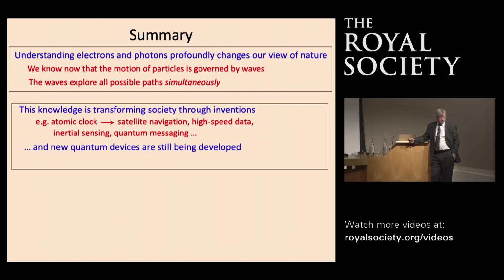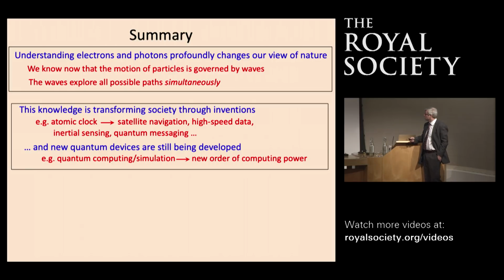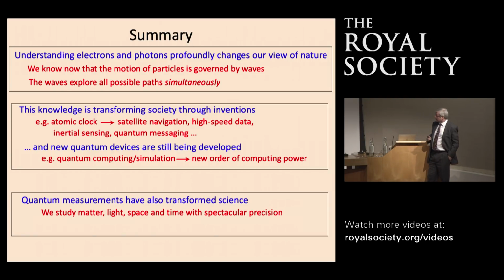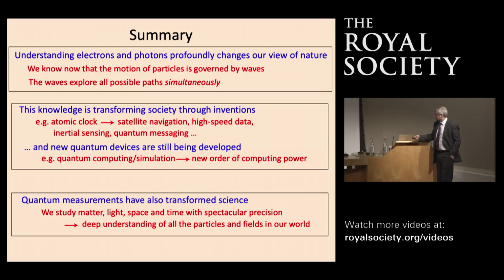And new devices are still being developed, famously the quantum computer or quantum simulation, giving us a new order of computing power. And also, quantum measurements have transformed science by giving us the ability to make incredibly precise measurements of energy and time. We study matter, light, space, and time with spectacular precision, and that has given us a deep understanding of all the particles and fields in our world.